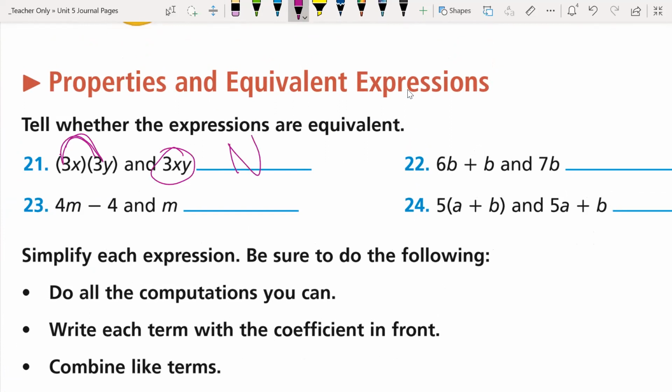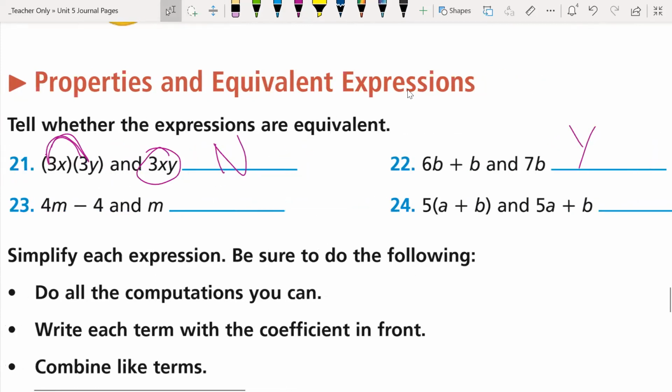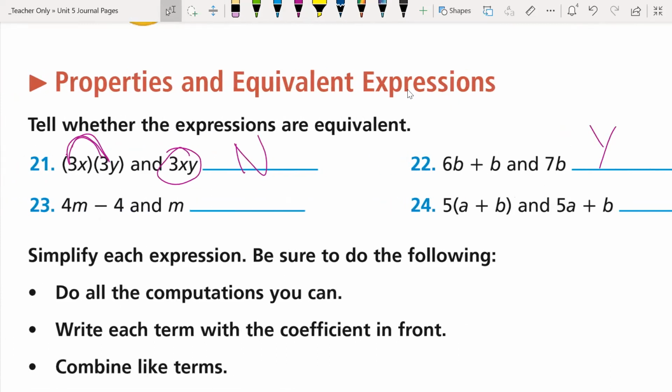Number 22, 6b plus b and 7b. Well, yeah, if there's 6 b's and you add another b, you're going to get 7. So the correct answer is going to be this. So 4m minus 4 is m. Well, nope, because I can't subtract these. This expression cannot change.